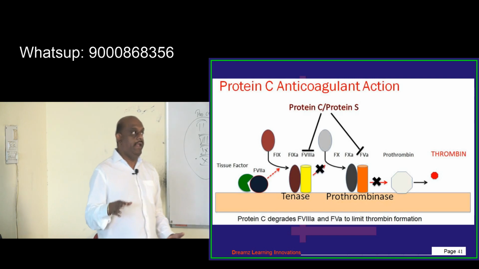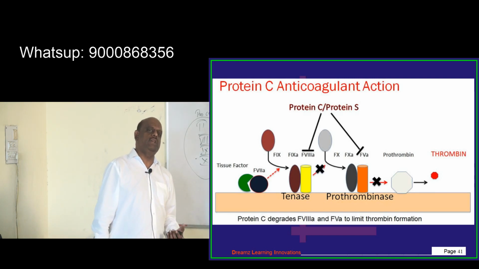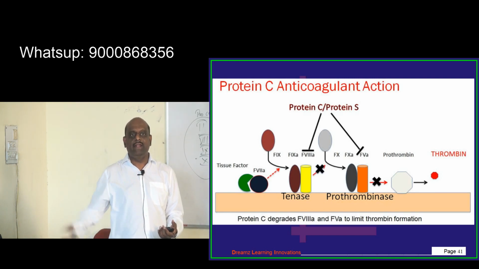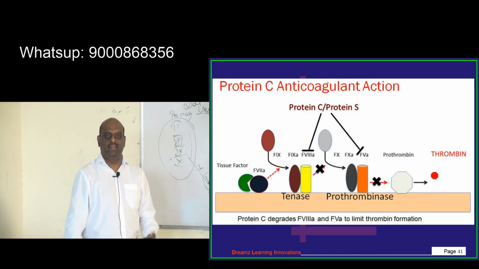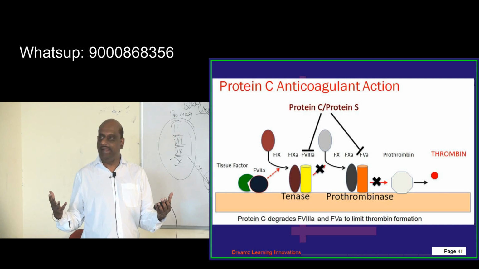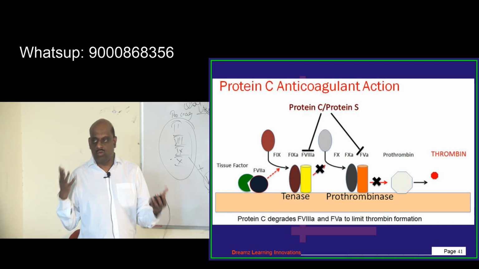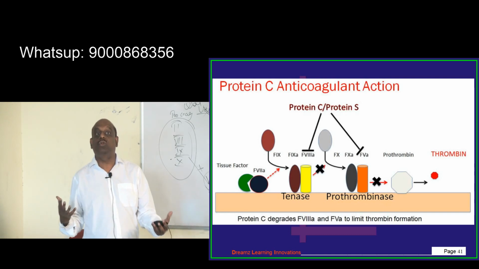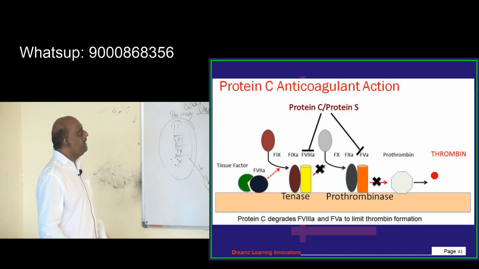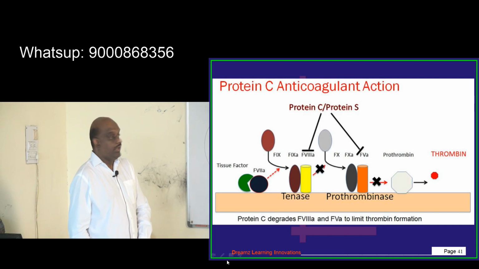If the ruling party wins full majority, it will behave like a dictator and the opposition will become weak. So that is the reason God has created the coagulant, anticoagulant, both the things He has kept so that nothing will dominate the other. So protein C, protein S is that.